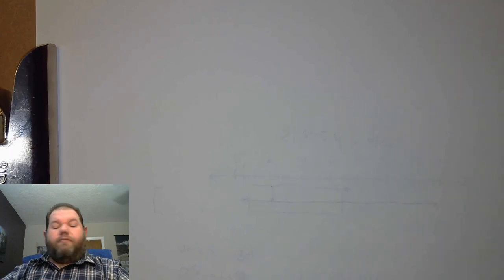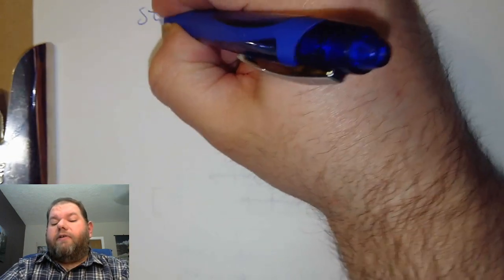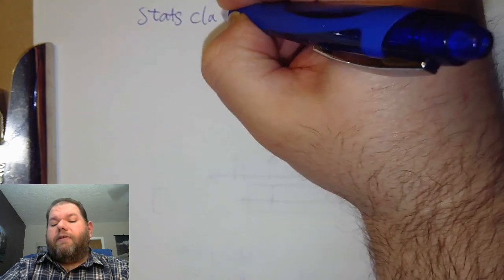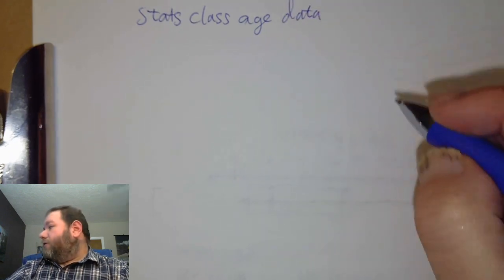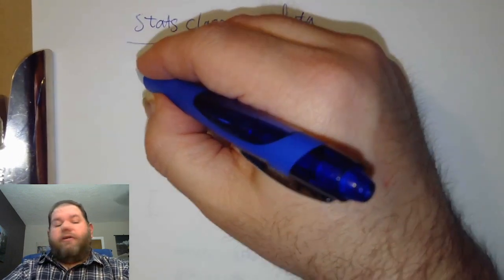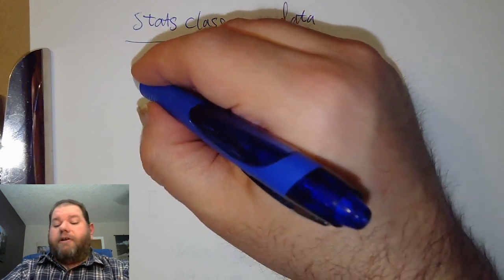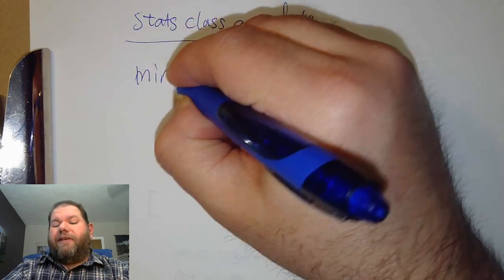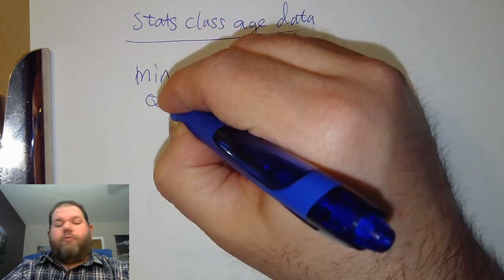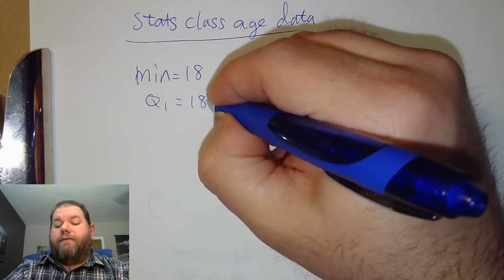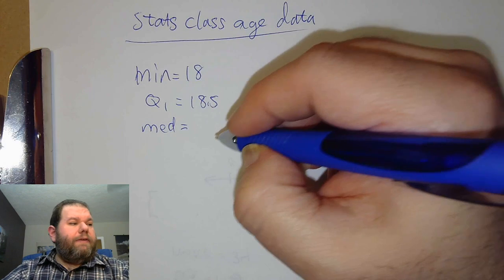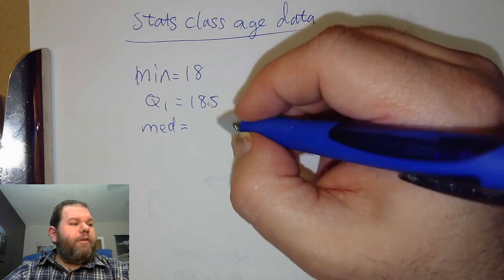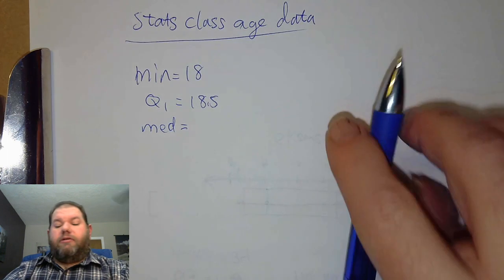Alright, then we go to our stats class age data. I'm not going to write it down again, but we found our minimum in that set is 18. Q1 we found was 18.5. The median, what was the median? We just had it.